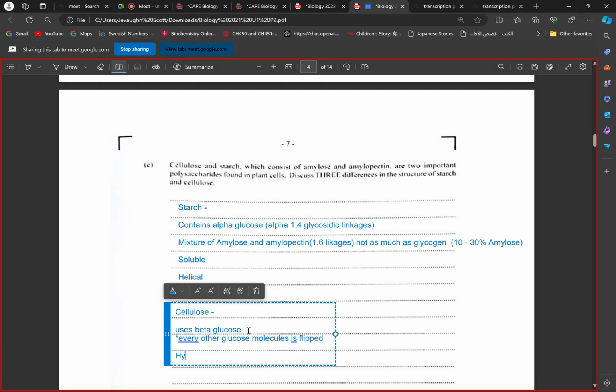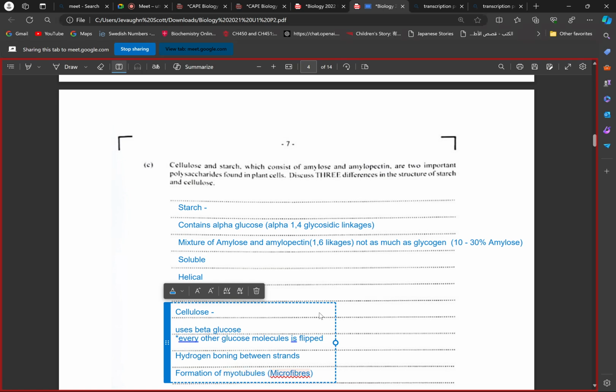And that allows for hydrogen bonding between the strands, and that allows for the formation of microfibers. Microtubules, microfibers, whatever you want to call them. And then those would compact into strong polysaccharide chains.